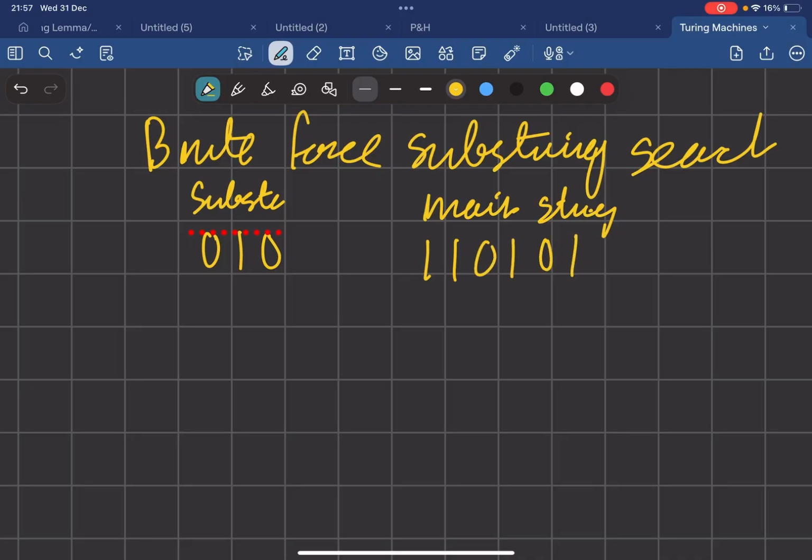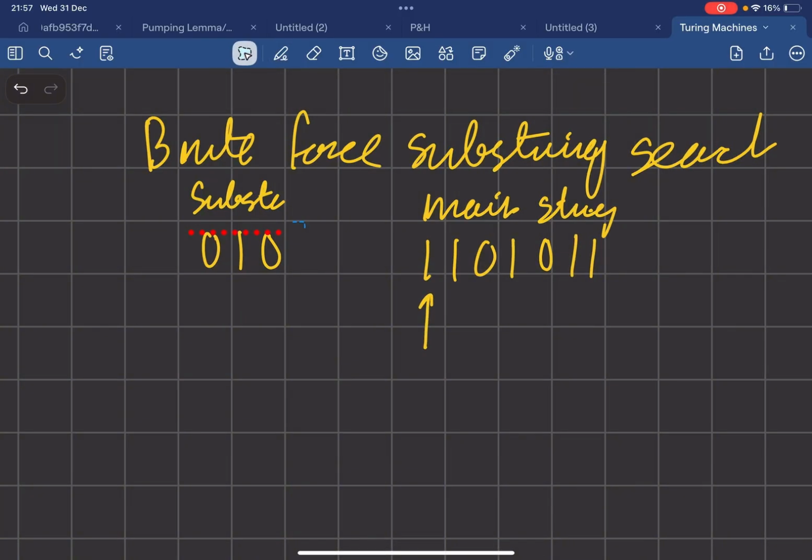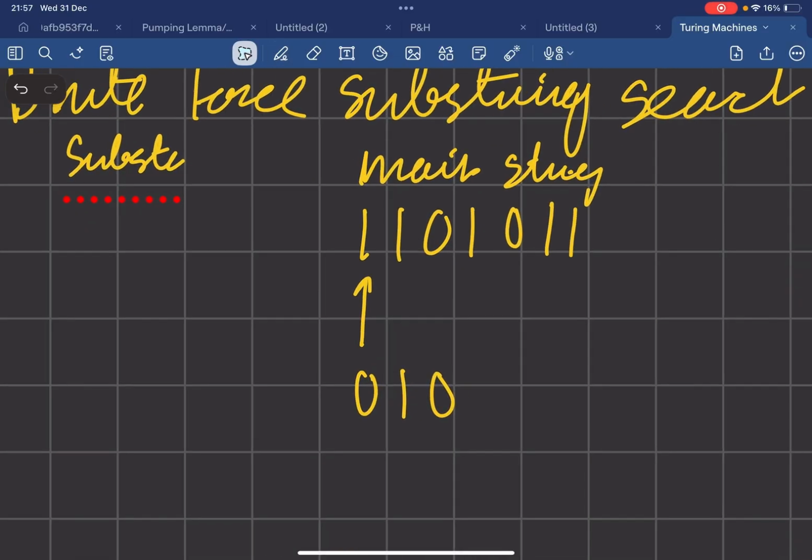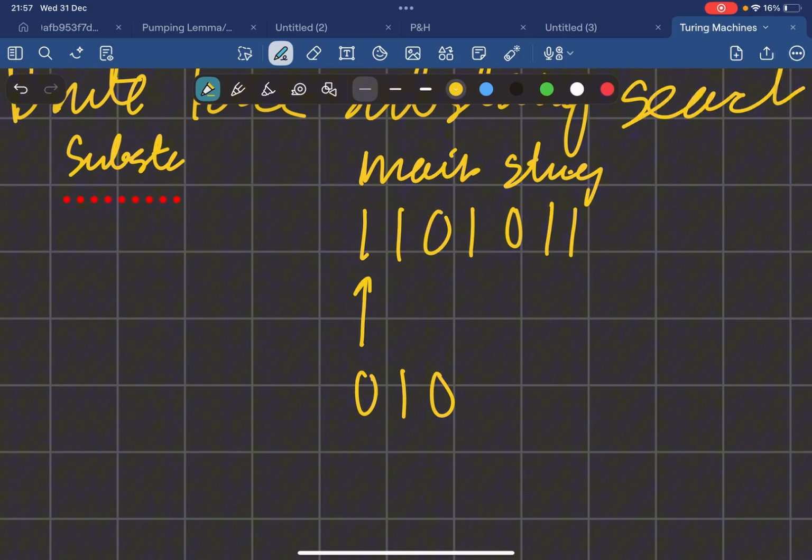What the brute force algorithm tells us to do is to go to every position in the main string, and starting from there, try to match it to the other string. So let's start at the very first position and try to match it. Do the first characters match?